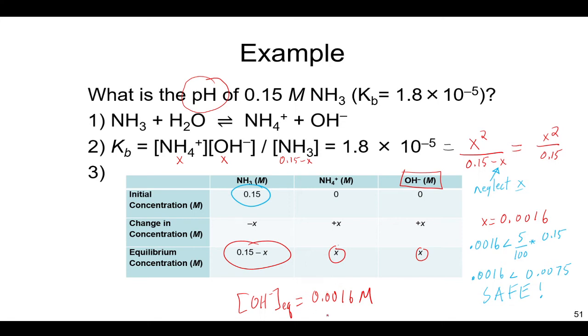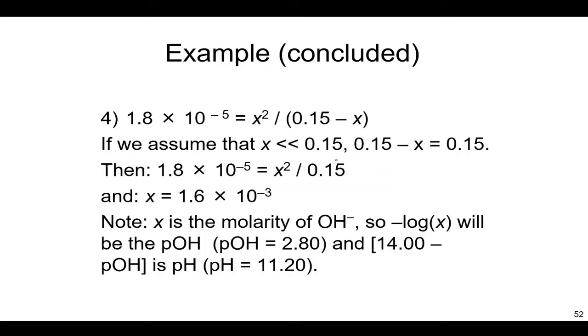Or I simply take the negative log of this and realize 14 minus that is the pH. Okay, go back and watch the previous videos if you want more clarification on that. But this is the rest of the algebra we've done here to identify this x. It was indeed less than 0.0075, so that was safe to do. And note this is the molarity now of my OH minus. So taking negative log of that gives me a value of 2.80.